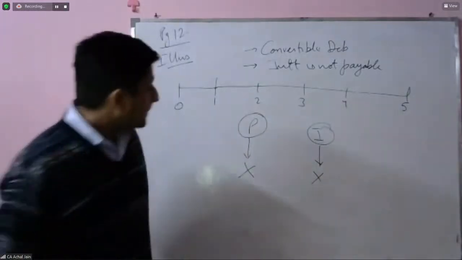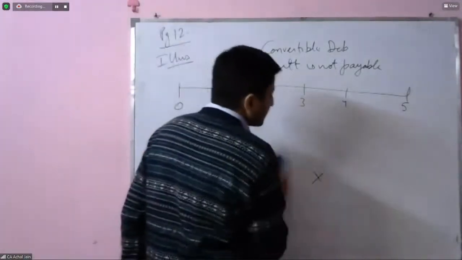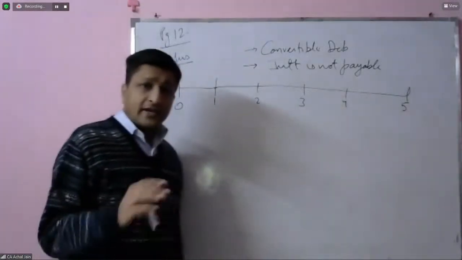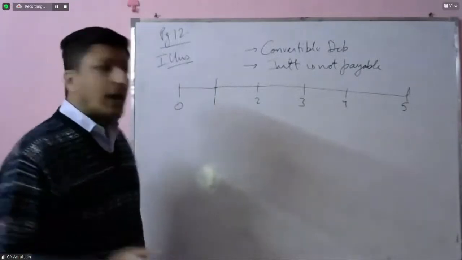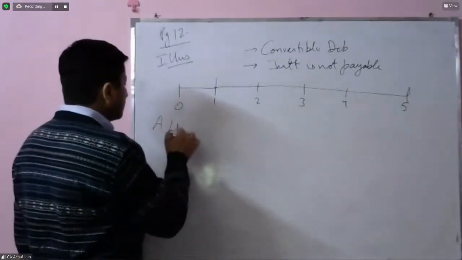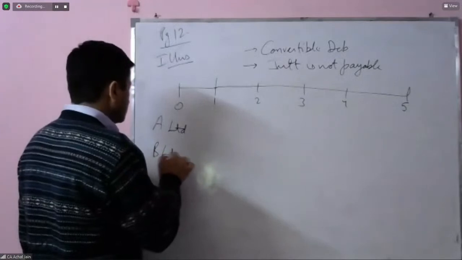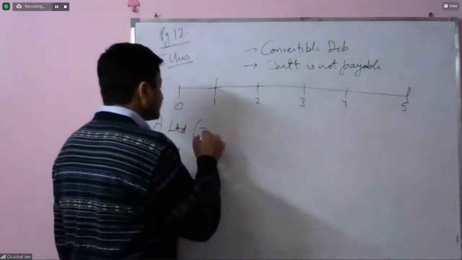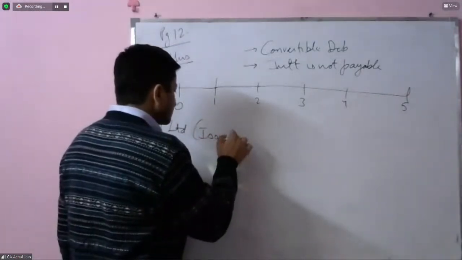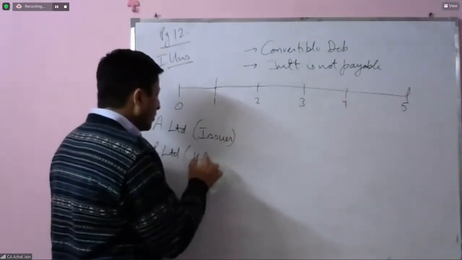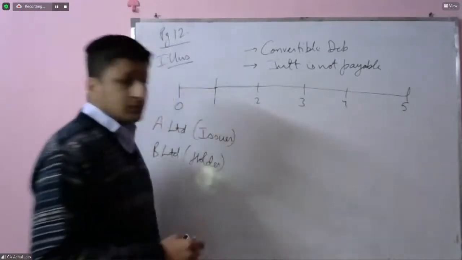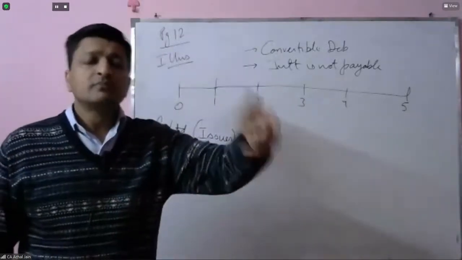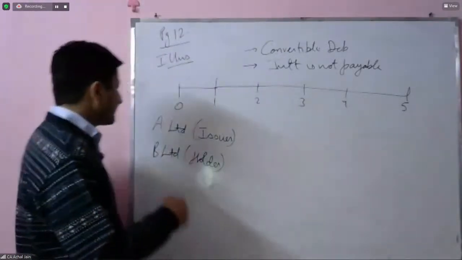Now, let's suppose when this contract is getting drafted or finalized, there are two parties, A Limited and B Limited. A Limited is the issuer. So that means B Limited is the holder. So currently A Limited has issued convertible debentures.